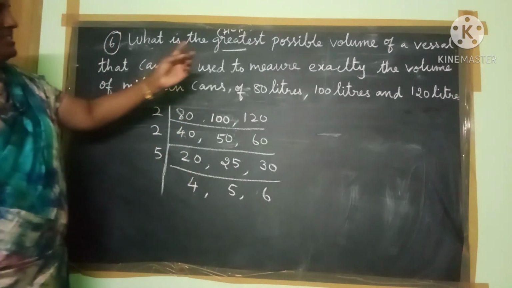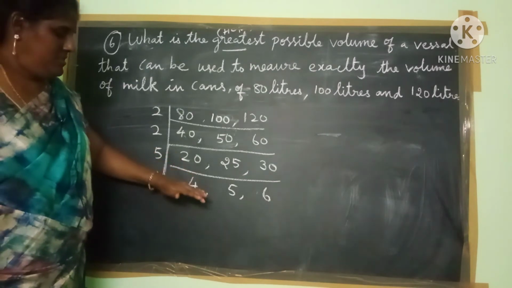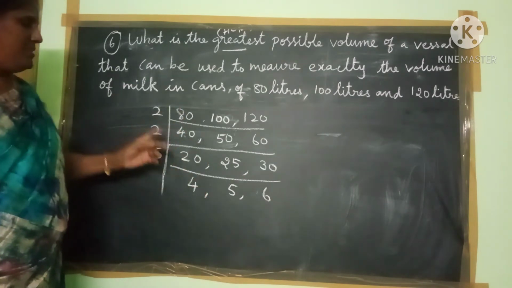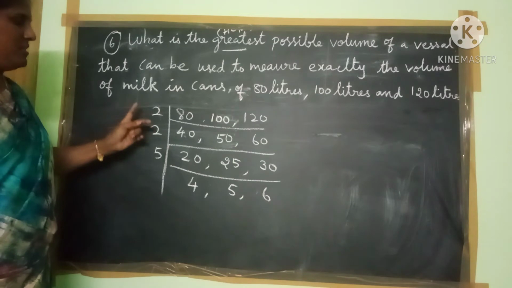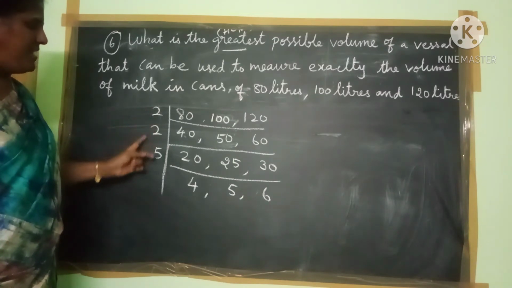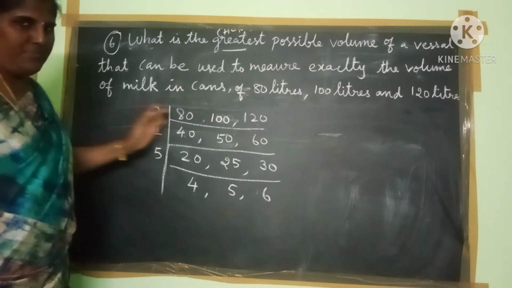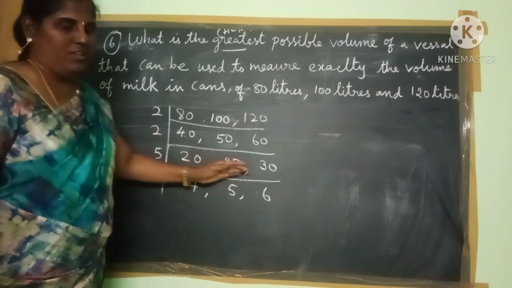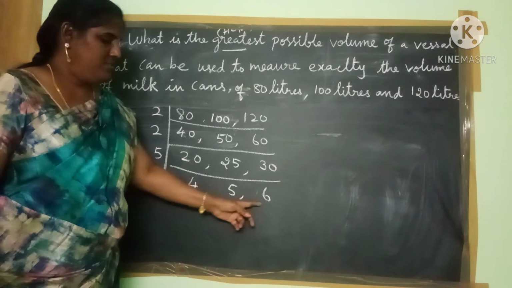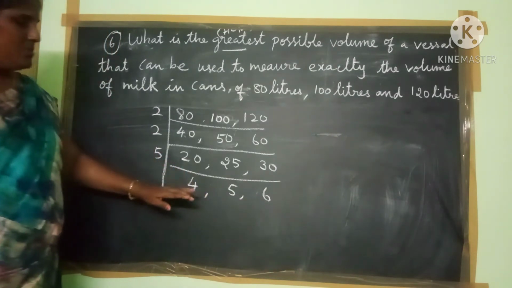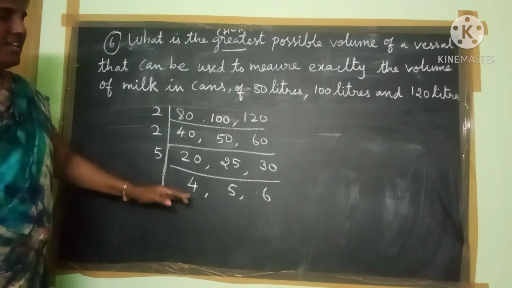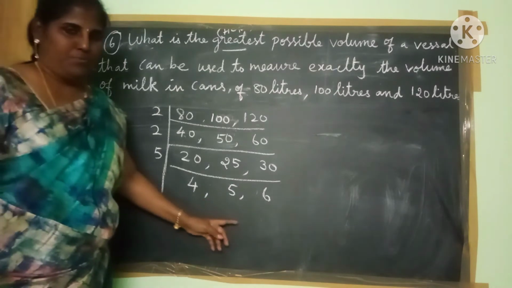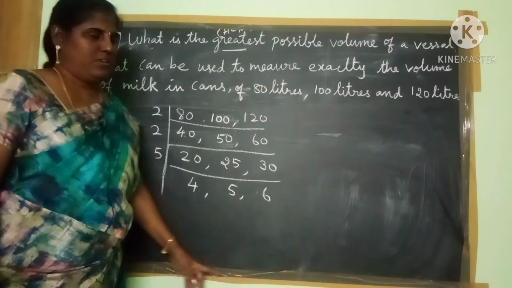So for HCF we just stop at it, because HCF means the highest common factor. The common factor is 2 into 5 only, commonly dividing all the numbers, but 4, 5 and 6 will not come in the same table, so you just stop. If they are asking for the LCM, you can divide up to 1, okay.